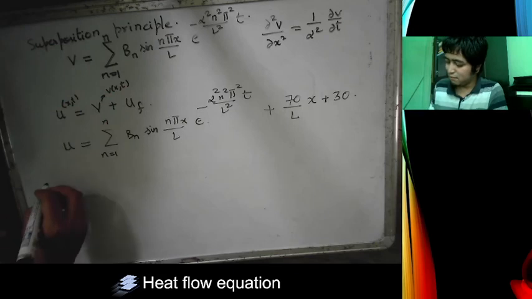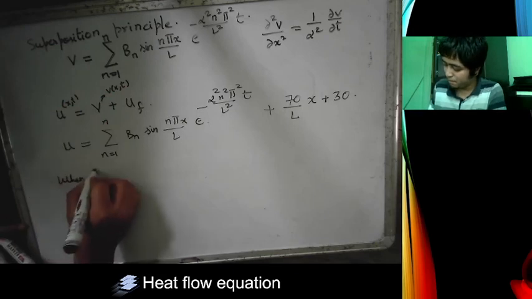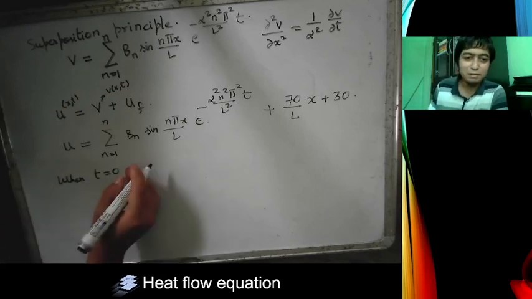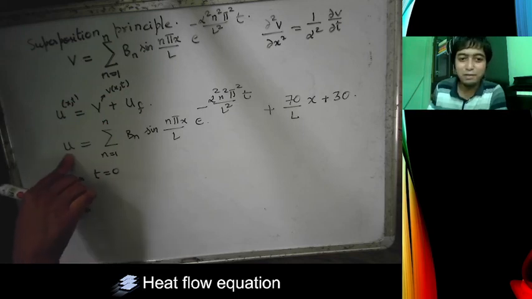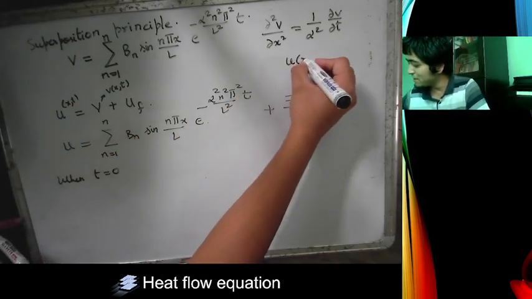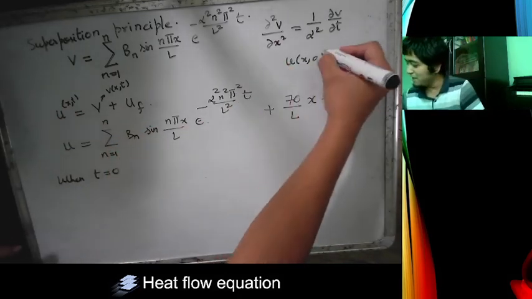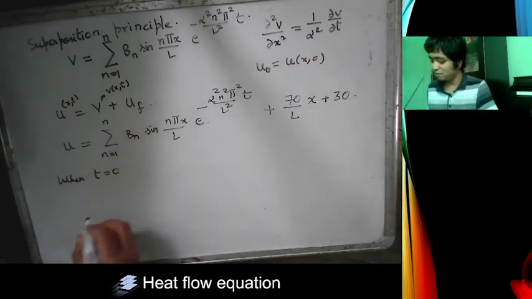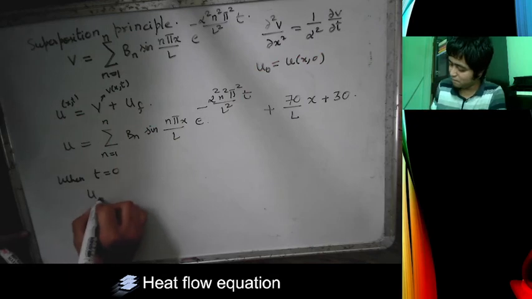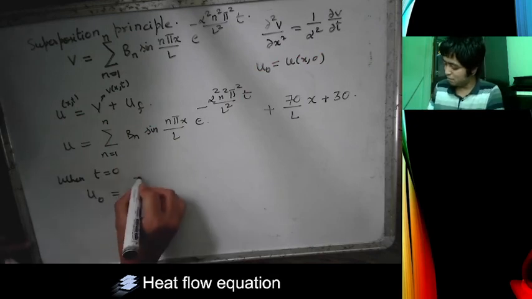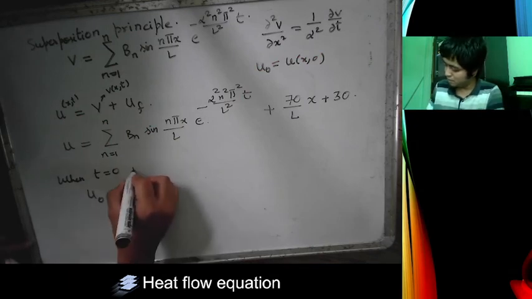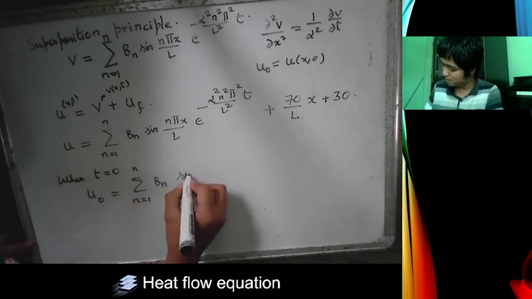So when t is equal to 0, u will be equal to u(x,0), right? Because it is u(x,t), but u(x,0) we had written as u0. So u0 will be equal to the sum over n, this whole thing.